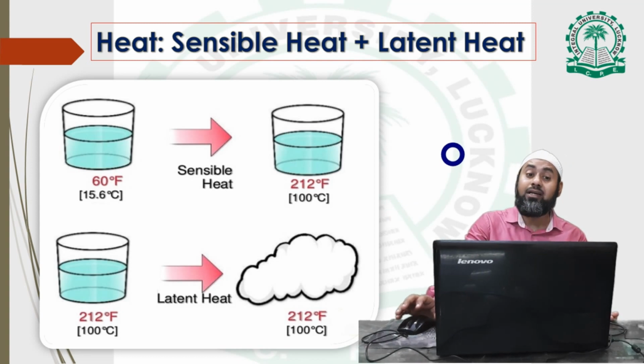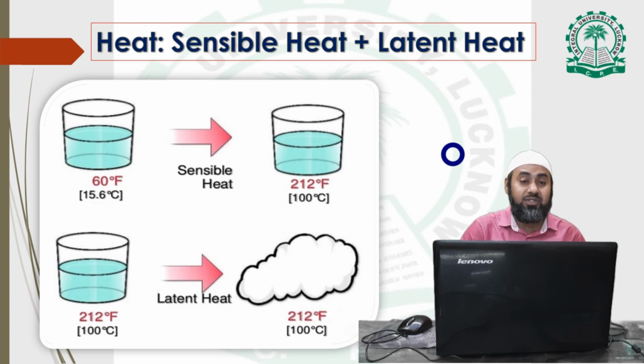Hope you got the point. You should remember: the heat just utilized to change the temperature is called sensible, and the heat just utilized to change the phase of the substance is called latent heat.